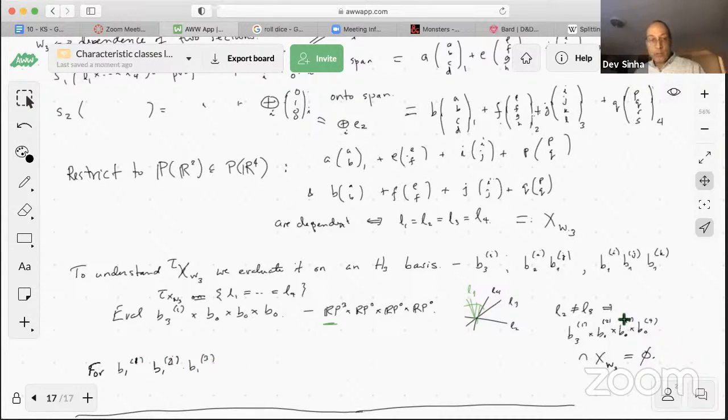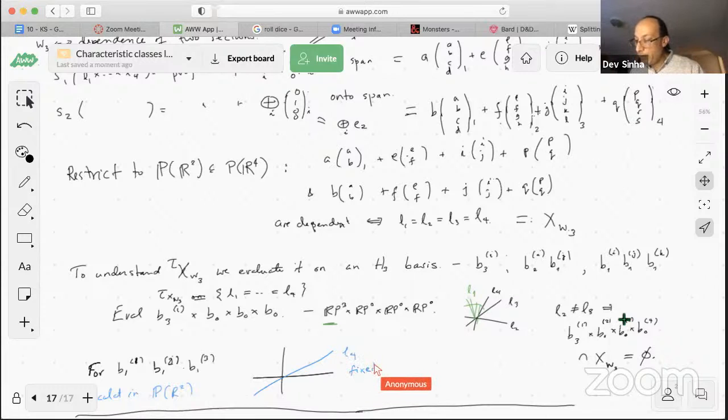We're in R2, so that means these B1s, I've got my L4. So we're going to calculate in P of R2. This is my L4. It's fixed.